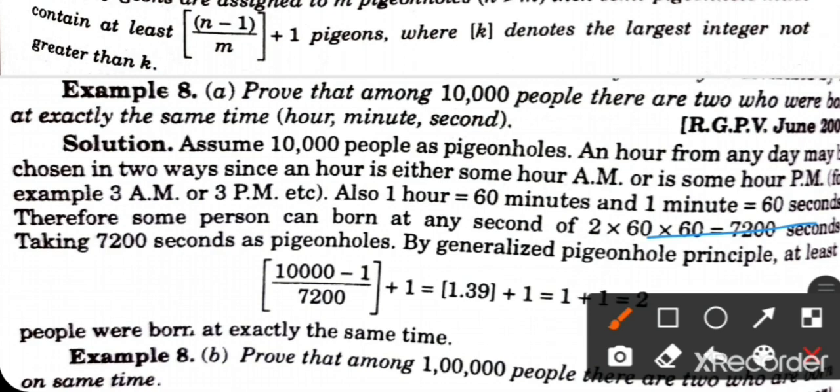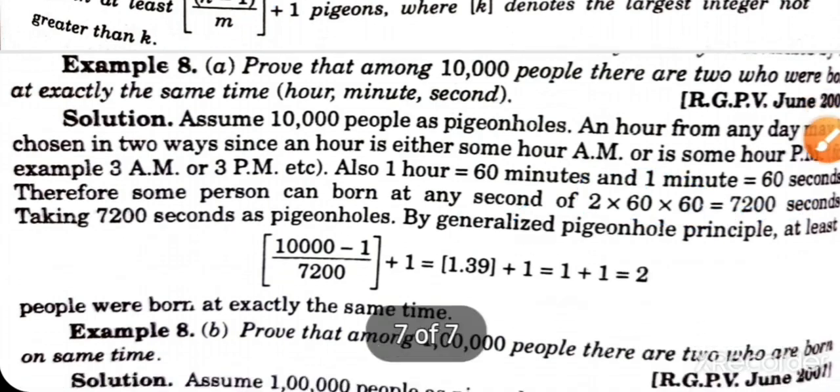So m is equal to 2 into 60 into 60, 7,200 seconds. Putting in the formula greatest integer of n minus 1 divided by m, we got 1.39. By the help of the greatest integer function, this is equivalent to 1. 1 plus 1 is equal to 2.